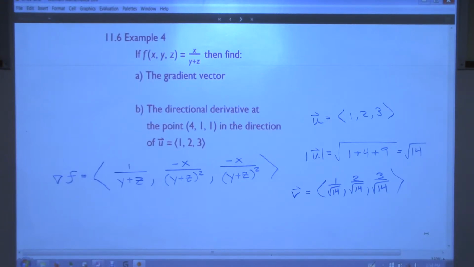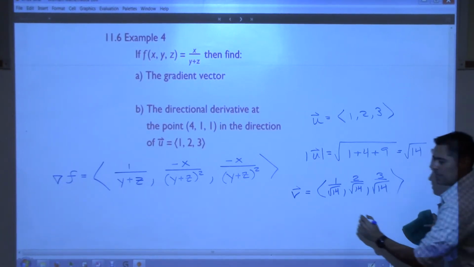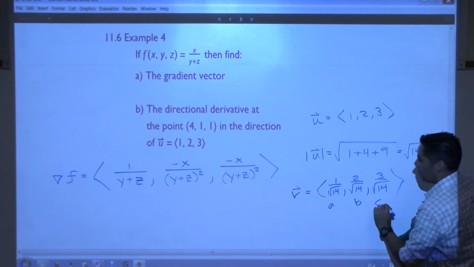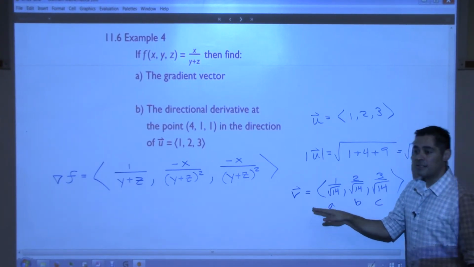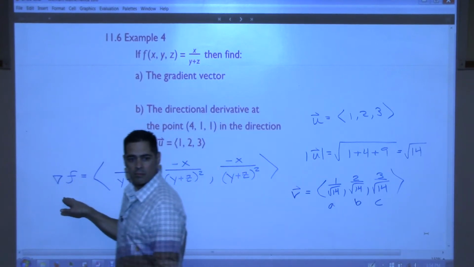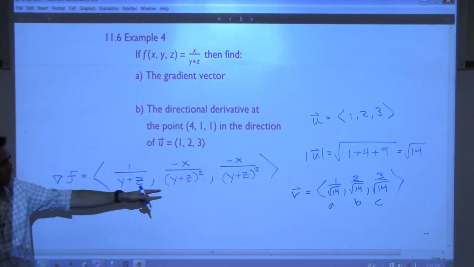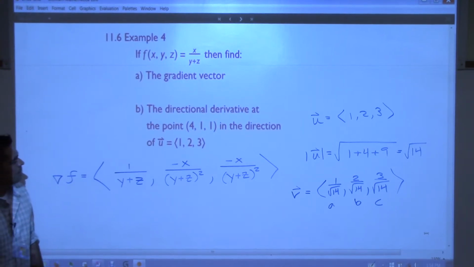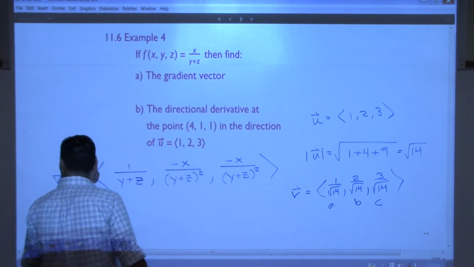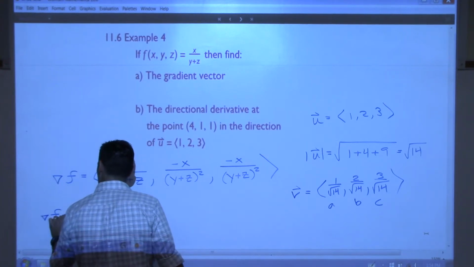And now it's just the formula, right? This is my a, b, and c. And so I'm going to take this vector and dot it with this vector, right? Take the v and dot it with this. So let's do that right here. What's the gradient dotted with v?